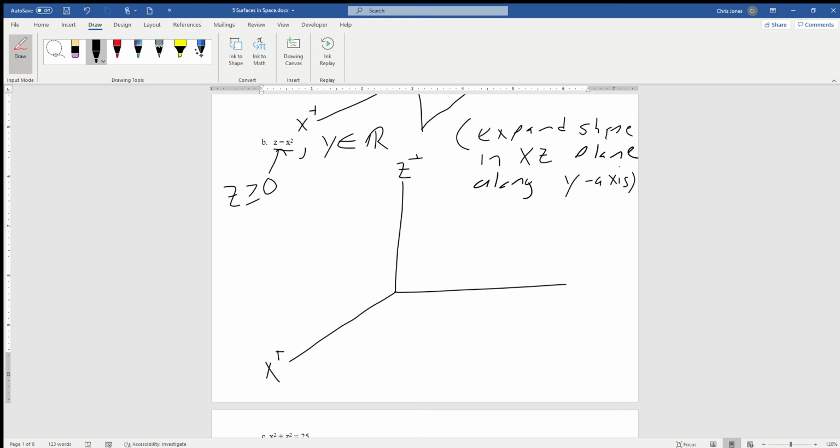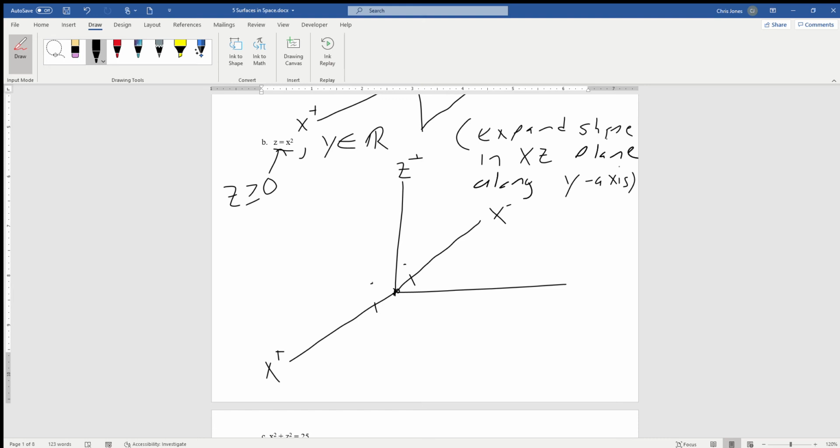But z is going to be dependent upon the value of x. So maybe we could plot a few points in the xz plane, and I'm also going to make an x negative. Right? So we know that 0, 0 is one of the points automatically in the xz plane. We know that if x is either positive or negative 1, then z is also going to be 1.